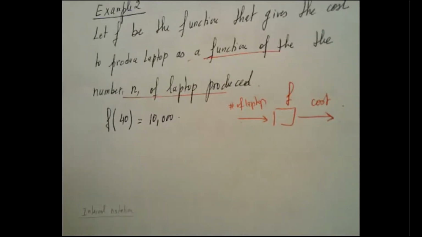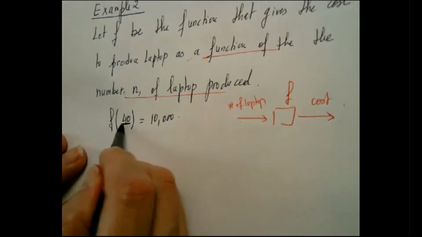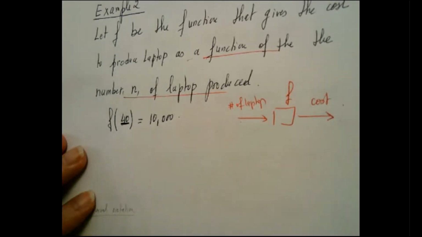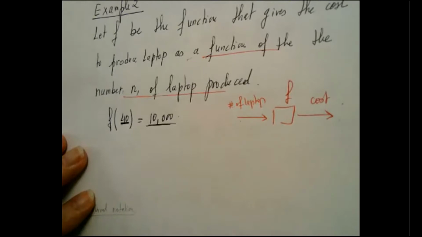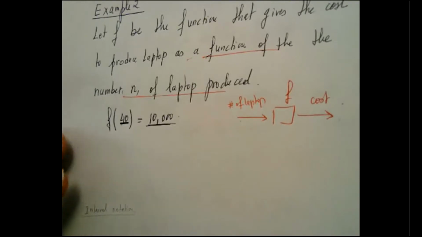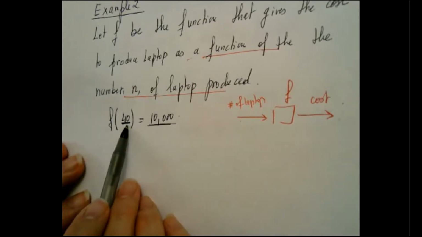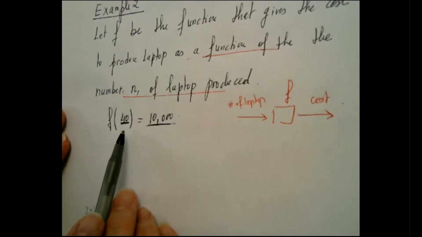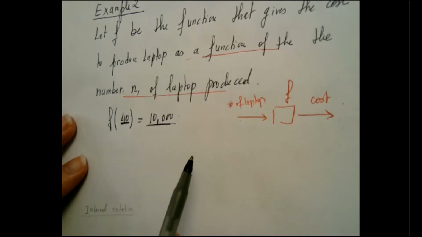How would you interpret this sentence? What does the 40 represent in this scenario? What does the 10,000 represent? Clearly the cost is the output, exactly.